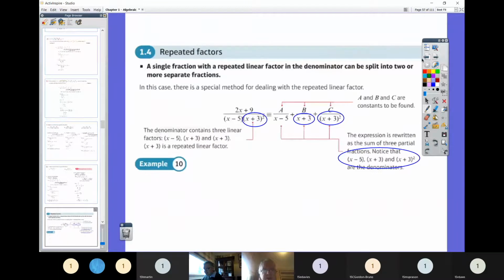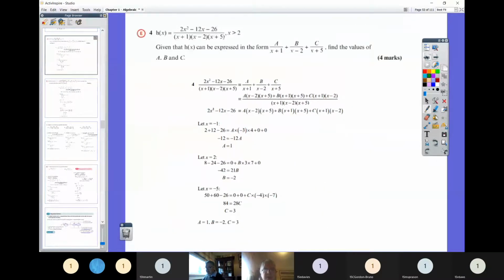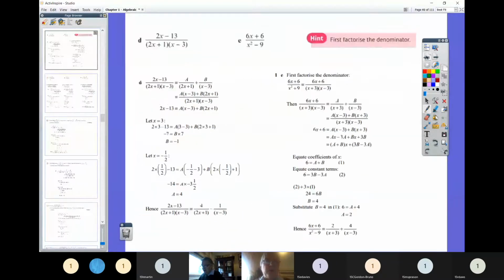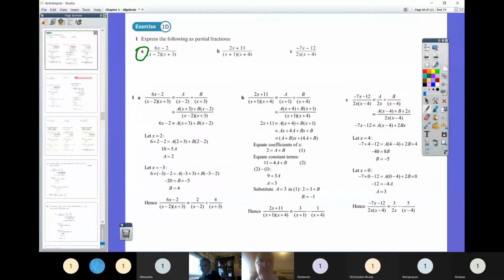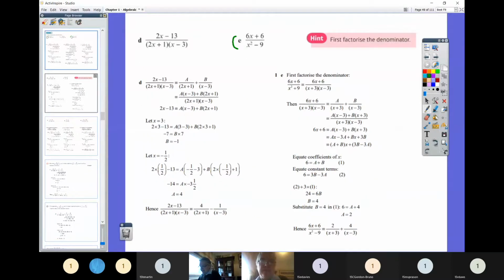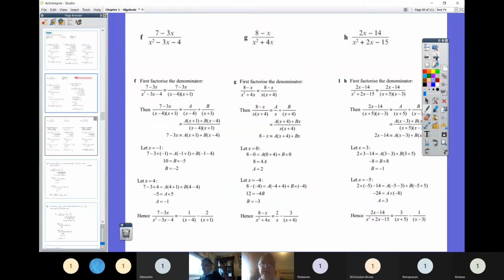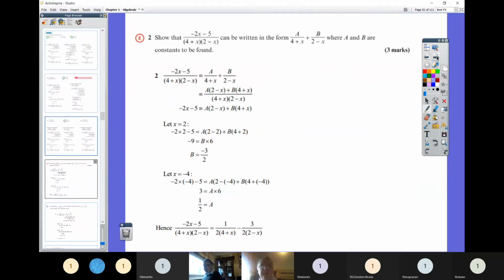For question number 1, let's do the odds: A, C, E and G. And then from then onwards, we'll do them all. I think this is going to take more than one lesson.